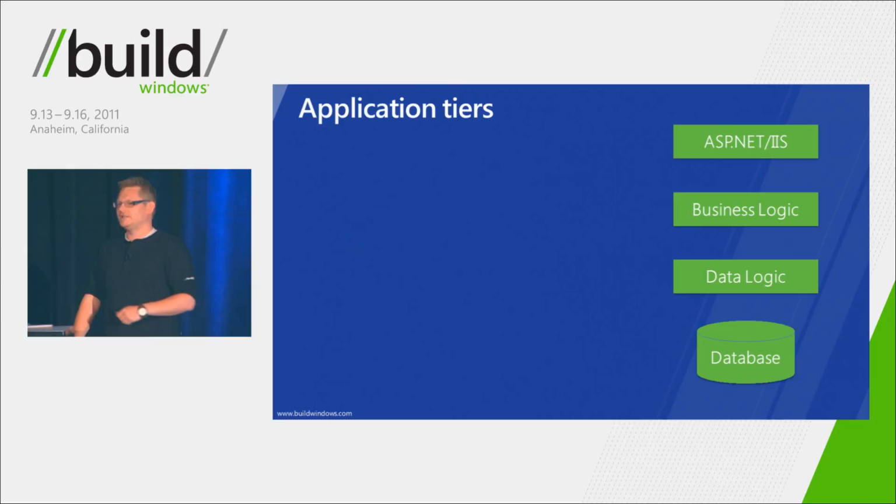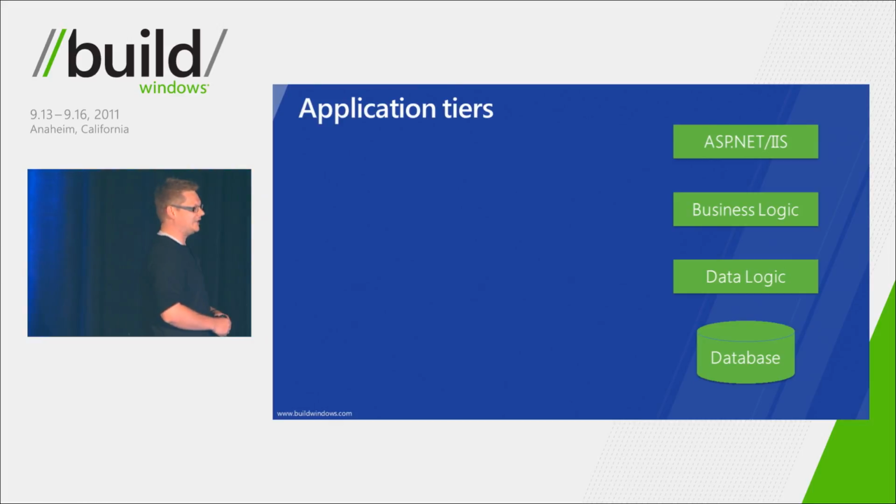So there are many ways we can go about improving the performance. And almost any sort of website looks a little bit like this. You have some database or other storage mechanism. You might have some data logic layer, business logic layer, and then at the top, your presentation layer: ASP.NET, IIS, HTML, JavaScript, and so on.